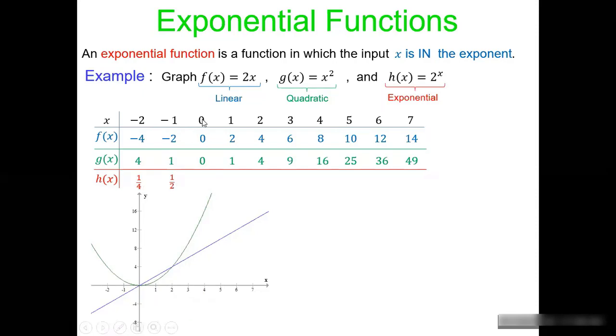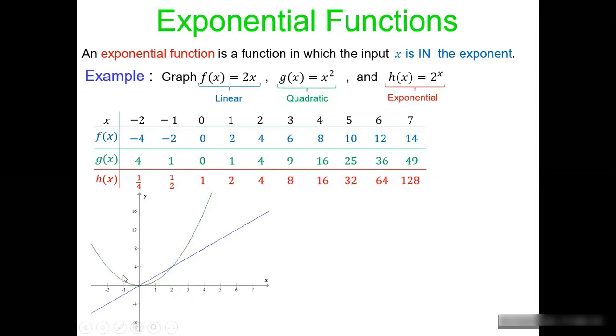Now you get 2 to the power of 0. Now remember, anything to the power of 0 is always 1. And now when you start raising to other powers, 2 to the power of 3 is 2 times 2 times 2, or 8. And you can see that these values of y get much larger, much quicker.